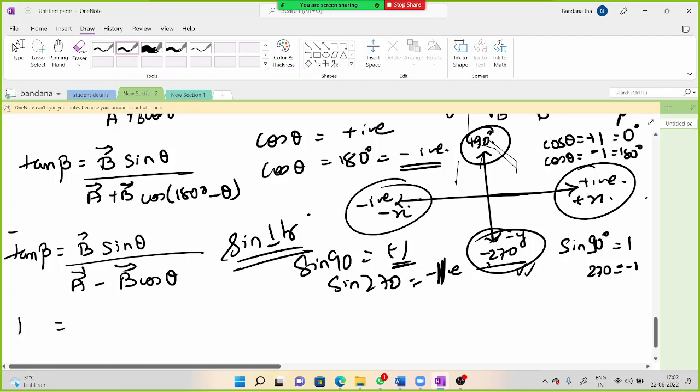Okay, and here we are talking about the velocities. So this will be VB sine of theta divided by VA minus VB cos of theta.